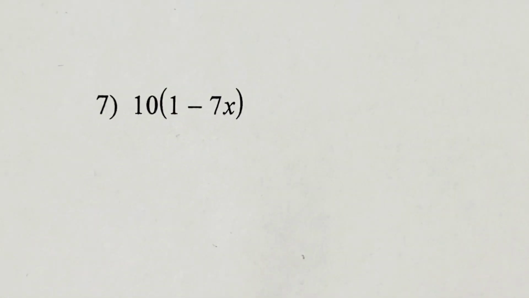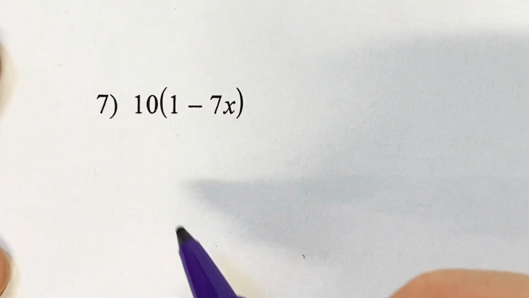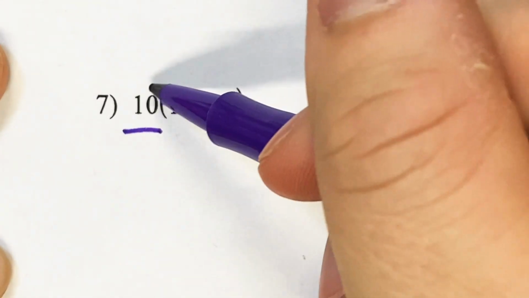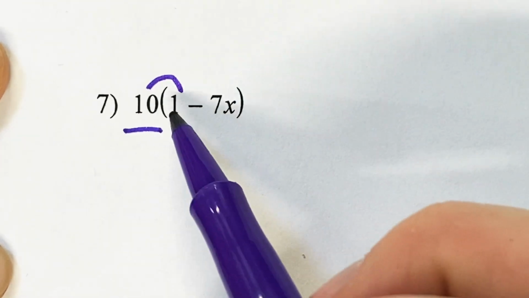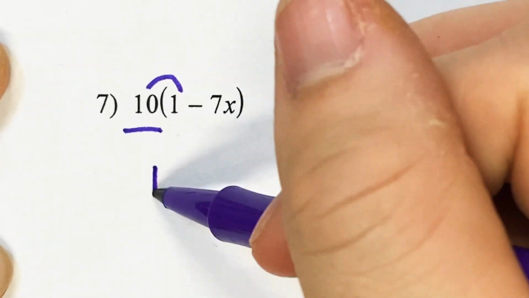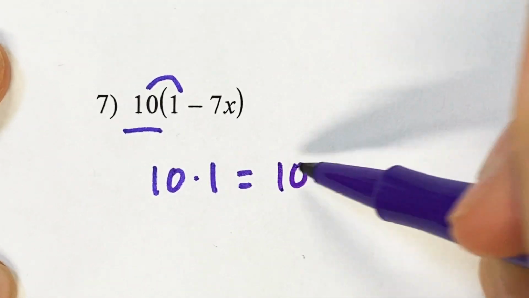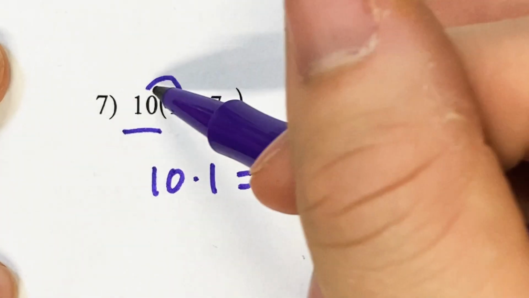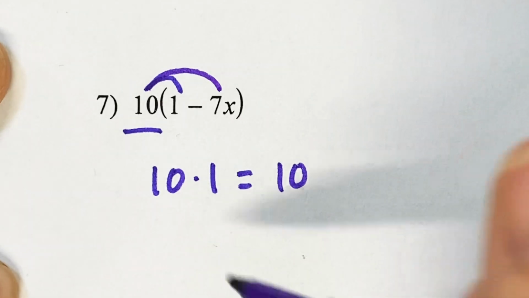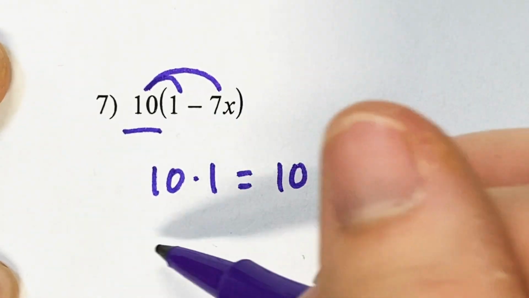Okay, beautiful, you guys. Let's look at number 7. What is the number right in front of my parentheses that is going to need to distribute? It's this positive 10. Let's take it one step at a time. Just take 10 times 1, which gives me 10. Now let's take 10 times -7x.